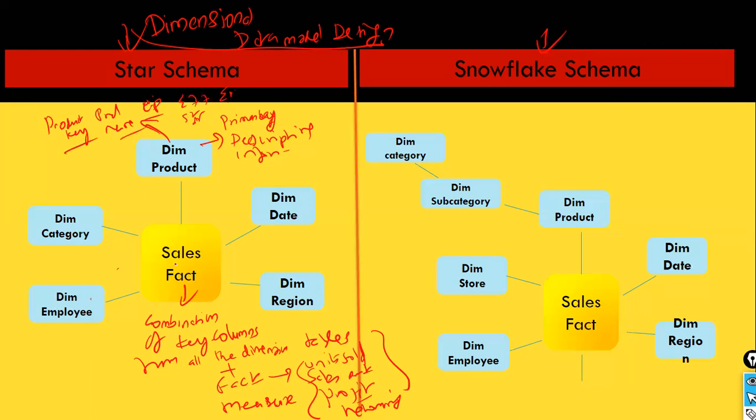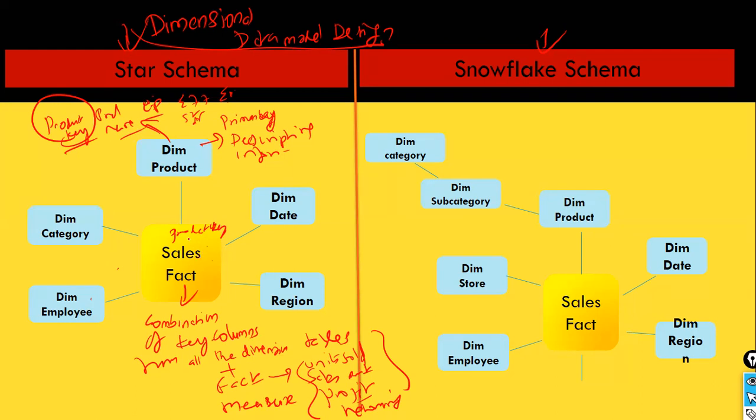In the fact table, you store only the key columns: the product key, category key, employee key, date key, region key. Suppose you want to create a report showing the sales breakdown by product. In that case, you need to know the product name.